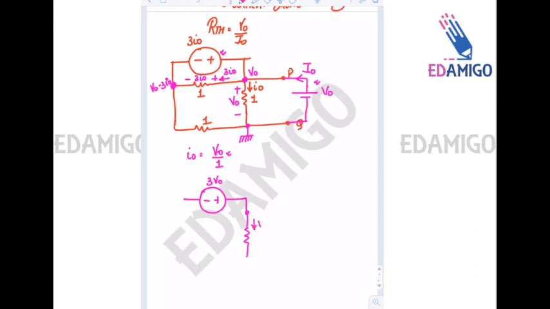The current here is V0, through the 1 ohm resistance, V0 is the voltage, capital I0 is the current, and the source is 3V0. The voltage at this node is V0, the voltage at this node will be minus 2V0, and there is a 1 ohm resistance connected like this.